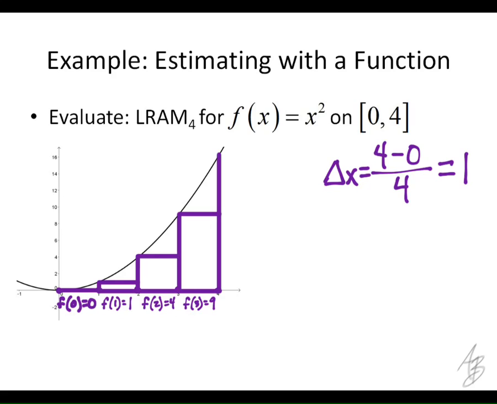But the total area, and I'm going to call this LRAM 4, is going to be the width of each rectangle times the height of all the rectangles added together. So basically I'm factoring out the width of all of them, and then I'm going to add in all of the heights.